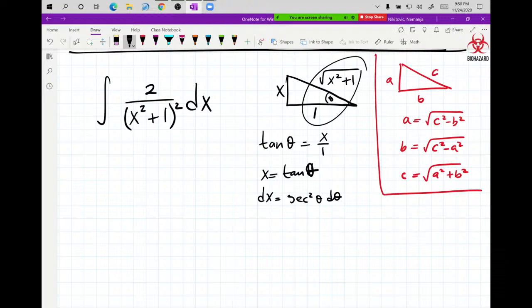And you can also write a cosine function. Cosine theta is equal to 1 over the square root of x squared plus 1, from where the square root of x squared plus 1 is equal to 1 over cosine theta, which is secant theta. And that's exactly what you need, because you want only tangent secant pairs.